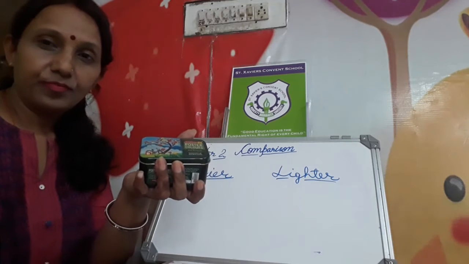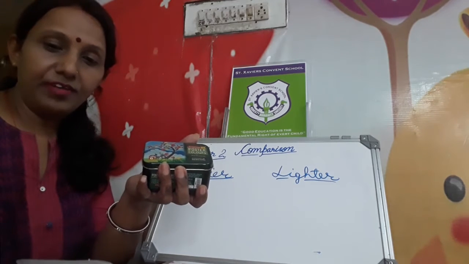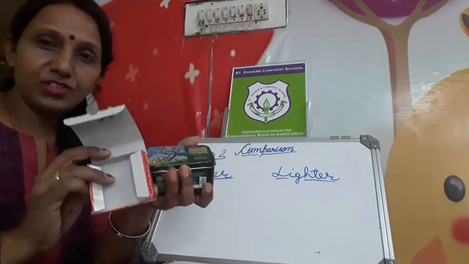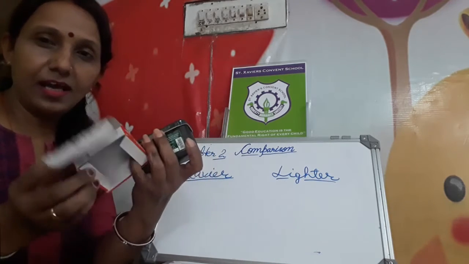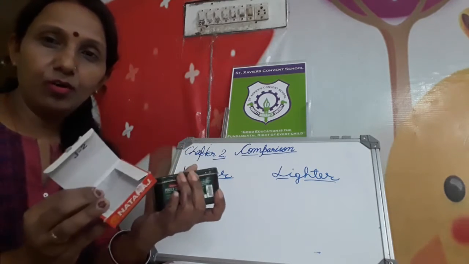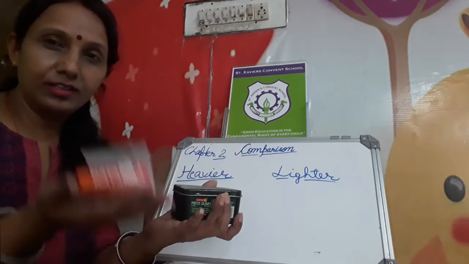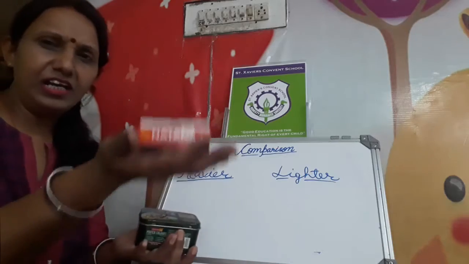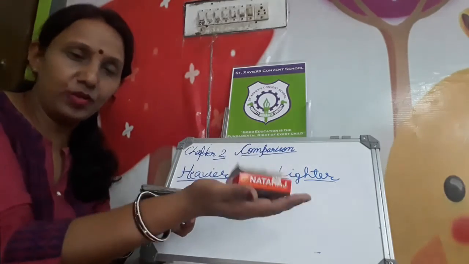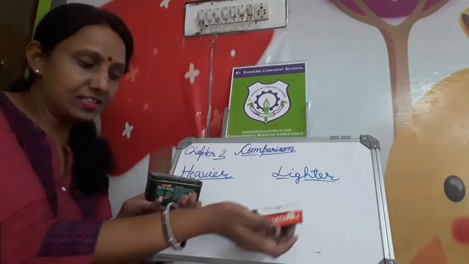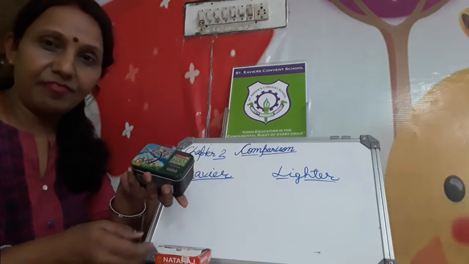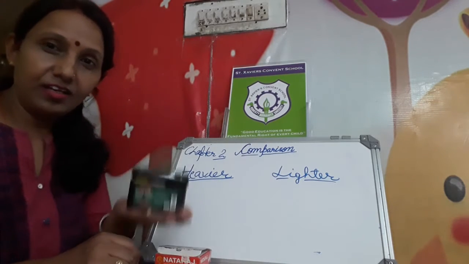And here one more box I am having. That one is of sharpener, that one is empty. So what have you seen there? Which one is the lighter one? This one. Having any weight? No, very less weight.